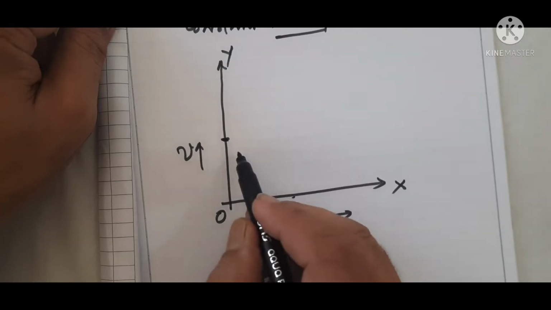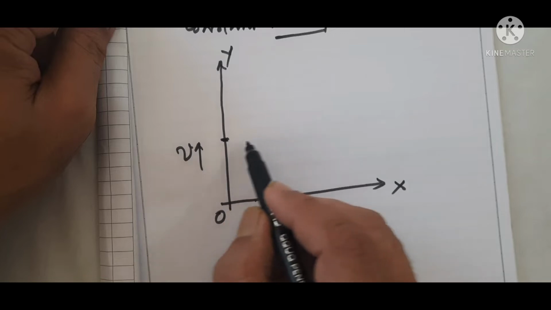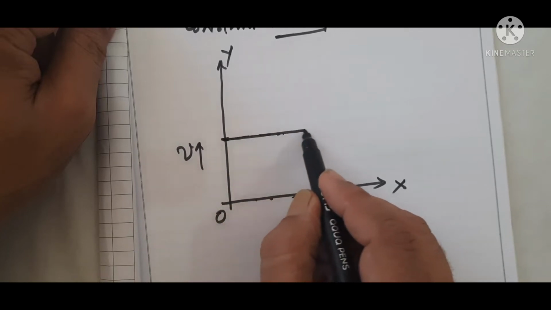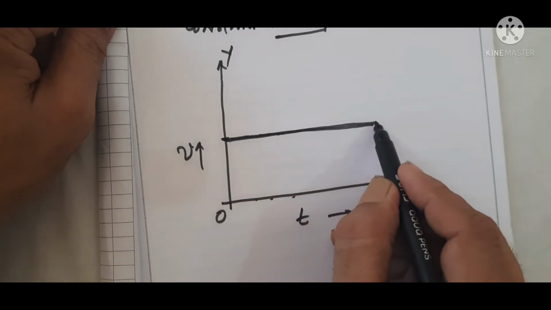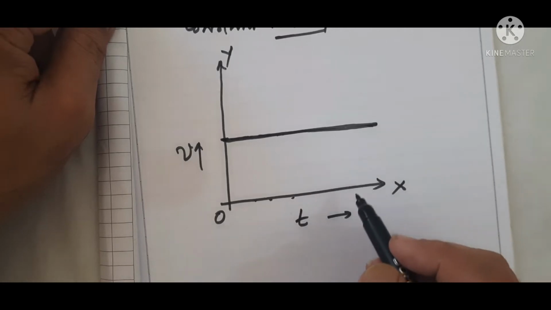But as time increases, the velocity does not. So velocity remains constant, so we can draw the graph like that. That should be the nature of the graph, parallel to the x axis, the time axis.